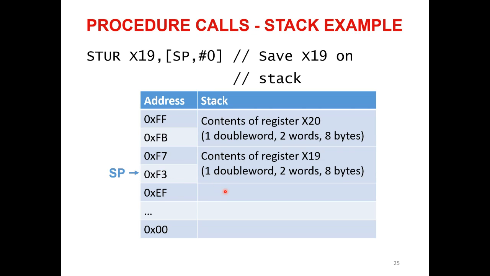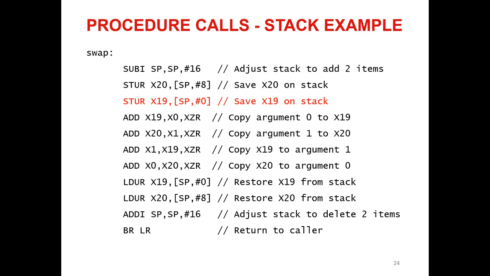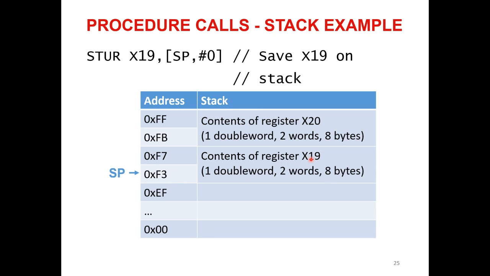So the last register included was register 19. The last register inserted will be the first register removed, and this is what we are actually doing in the code. So the last register stored is the first register removed: the last in, the first out.